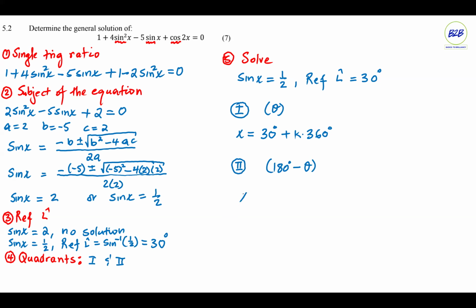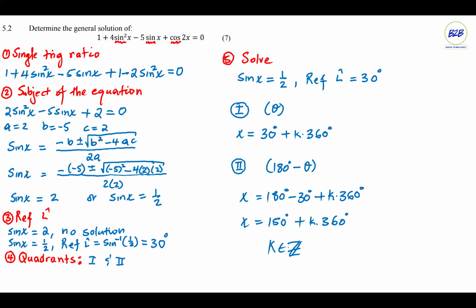Then let us solve for our x. x is equal to 180 degrees minus theta, which is 30 degrees, plus k times 360 degrees. Therefore x is equal to 180 degrees minus 30 degrees, that is going to be 150 degrees plus k times 360 degrees, where k is an element of integers.